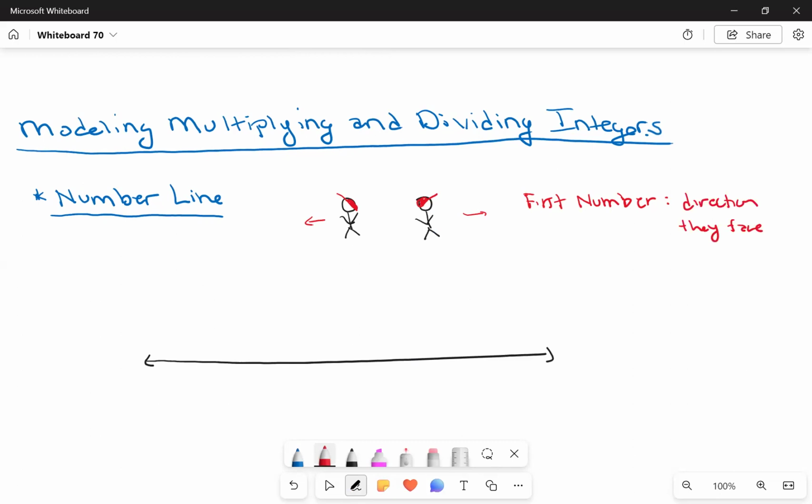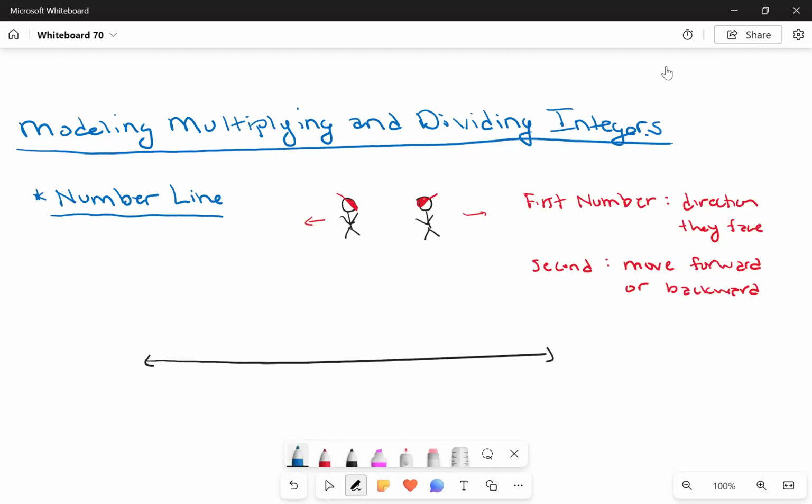The second number is going to indicate whether or not they're going to move forward or backwards. And the way the person moves is with jumps.